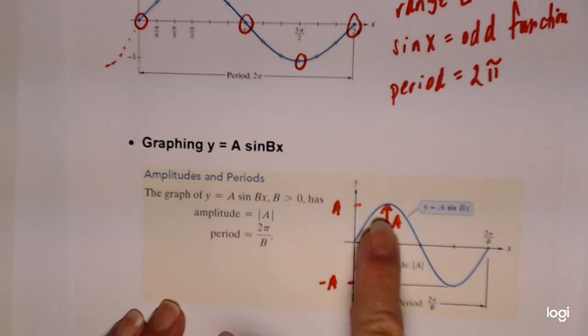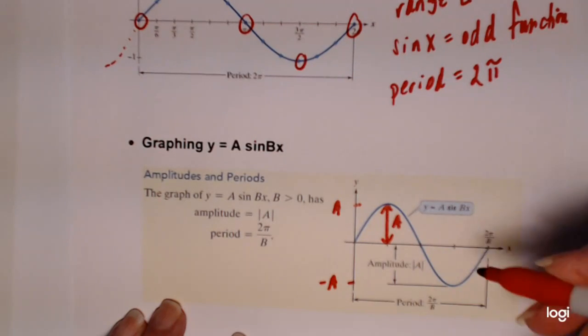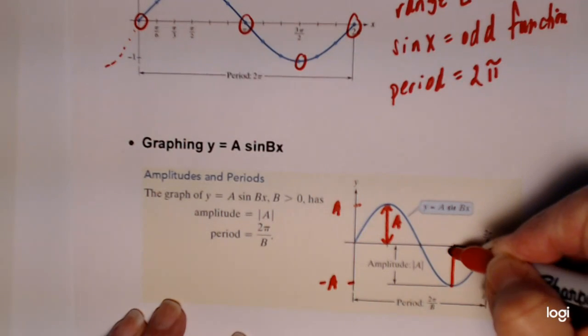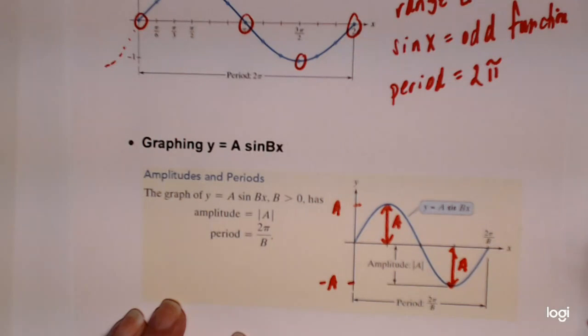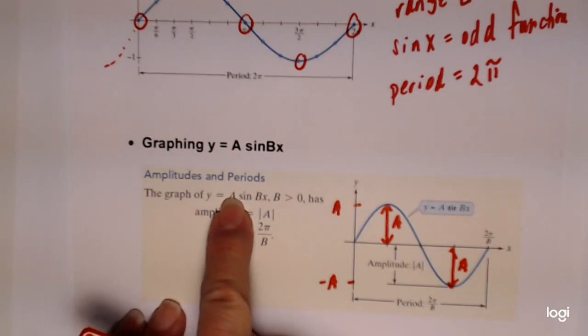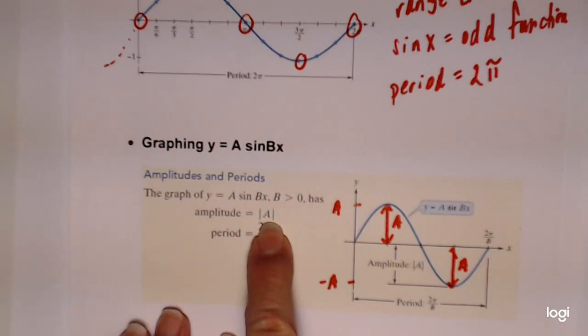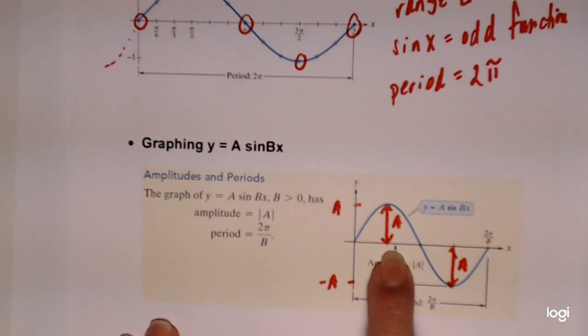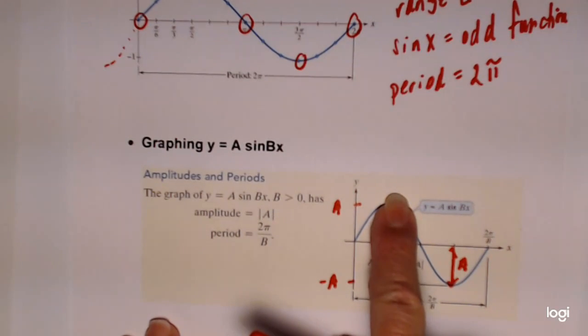A is the distance from the max to, in this case, our x-axis, and A is also the same distance here from the minimum to our x-axis. So amplitude is A, and it's the absolute value of whatever information's here. So the amplitude is a distance.